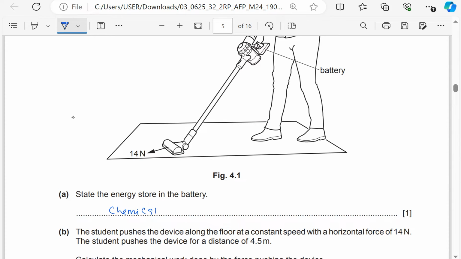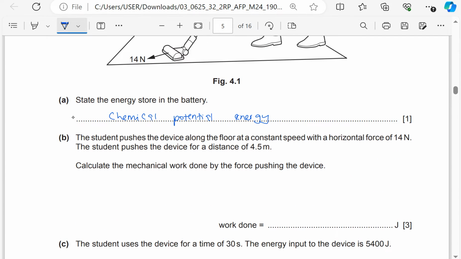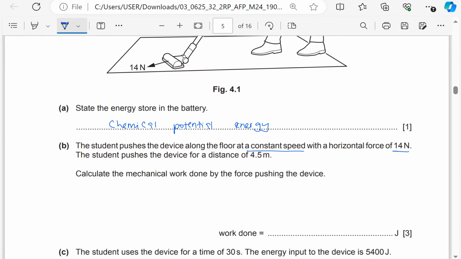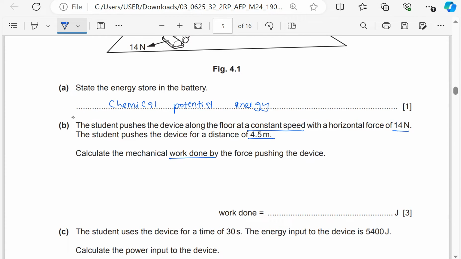So I'll say chemical potential energy. The student pushes the device along the floor at a constant speed. That means the resultant force is 0, with a horizontal force of 14 newtons. The student pushes the device for a distance of 4.5 meters. Calculate the mechanical work done.